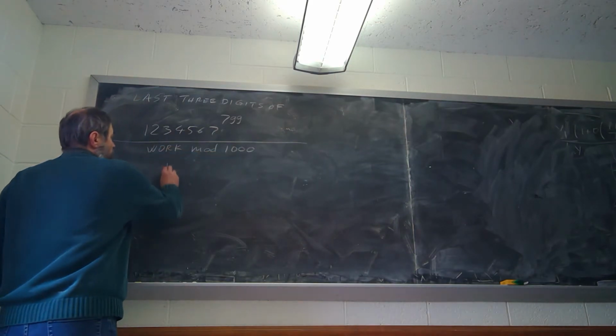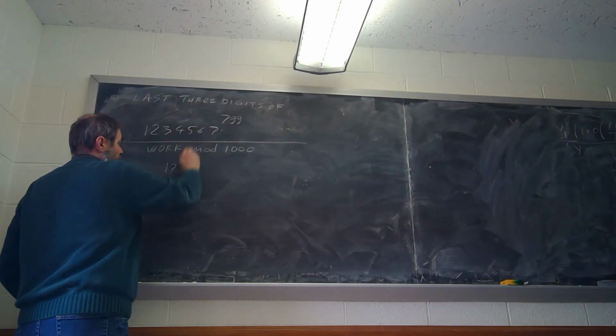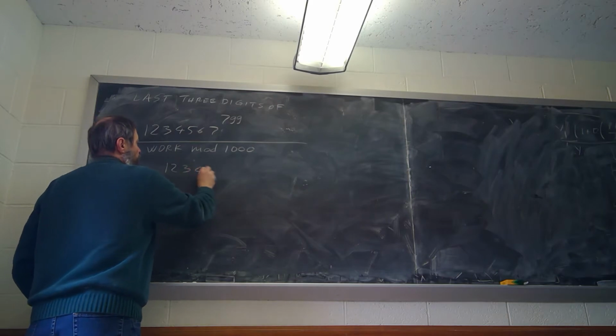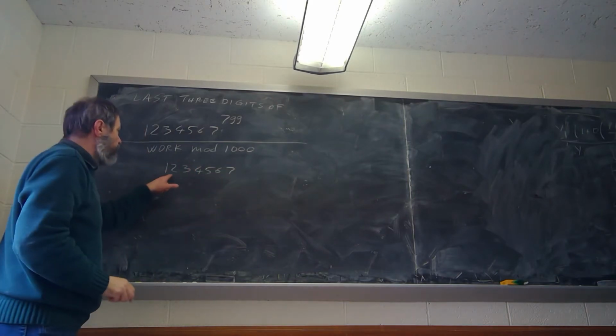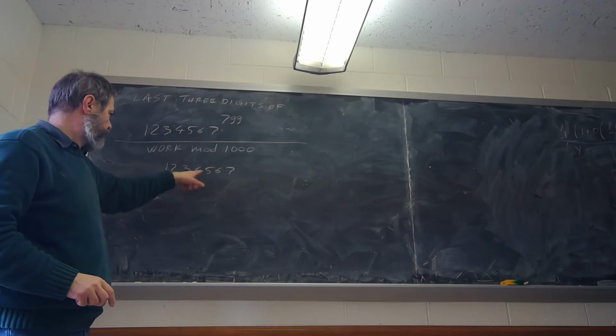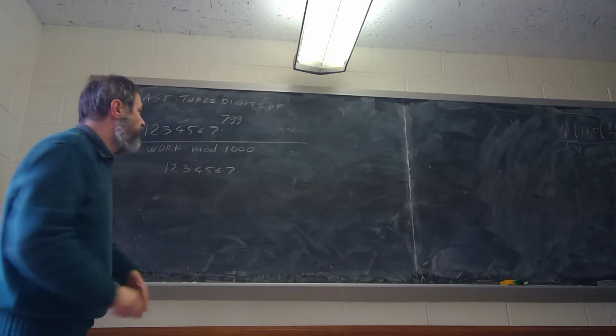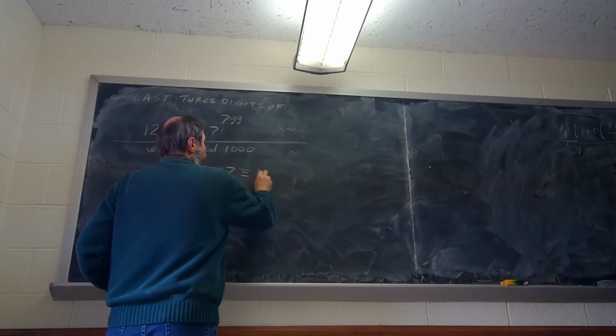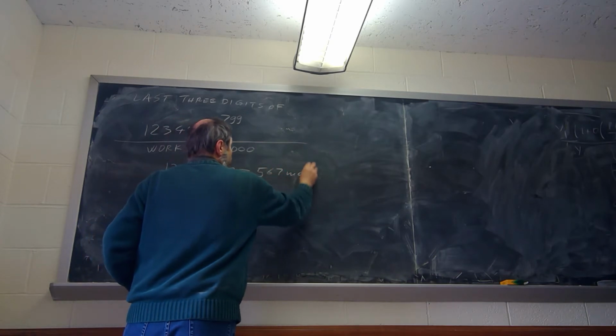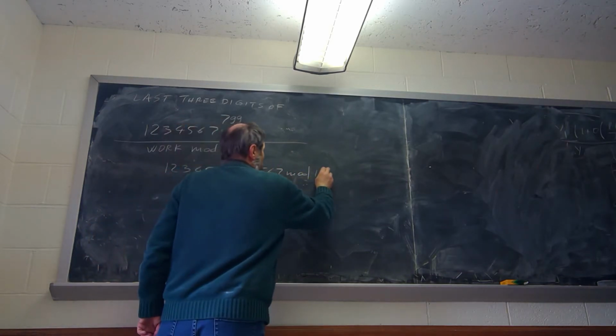So work mod 1000. A given number here, 1,234,567, not the product, but 1,234,567 is congruent to 567 modulo 1000.